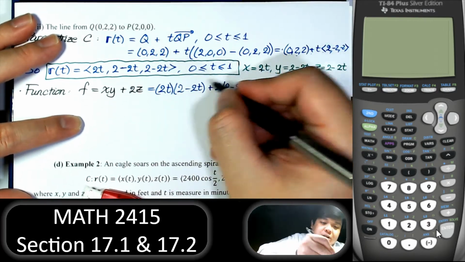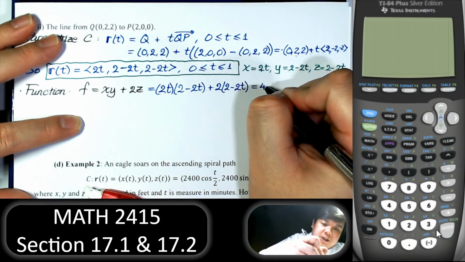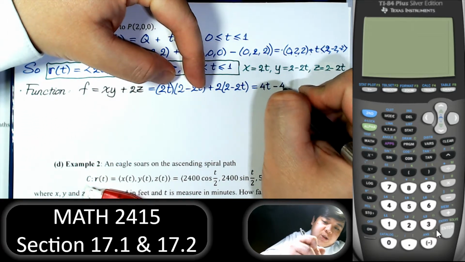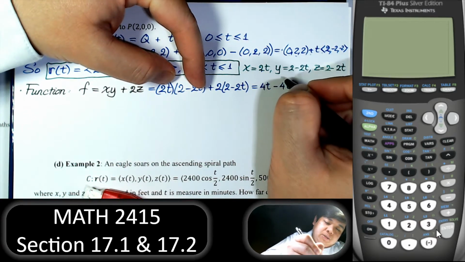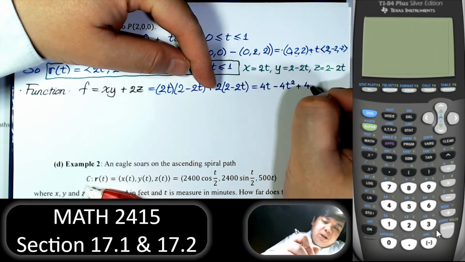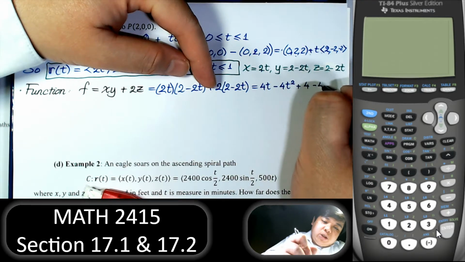Multiply it out: 2t times (2 minus 2t) gives 4t minus 4t squared, plus 2z, which is 4 minus 4t.